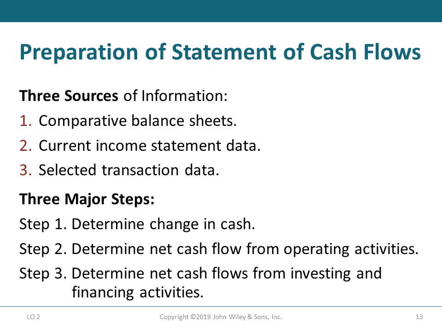The second step is to determine net cash flow from operating activities using either the direct method or the indirect method. Third step, determine net cash flow from investing and financing activities. So we have three sources and three steps to prepare the statement of cash flow.